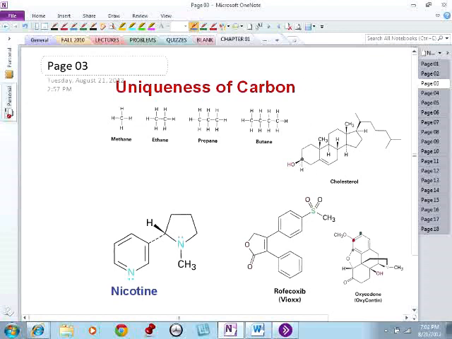In the case of cholesterol, this carbon here is bonded to what? How many carbons? This carbon right here, this carbon right here, is connected to which atoms? 1 oxygen, right?